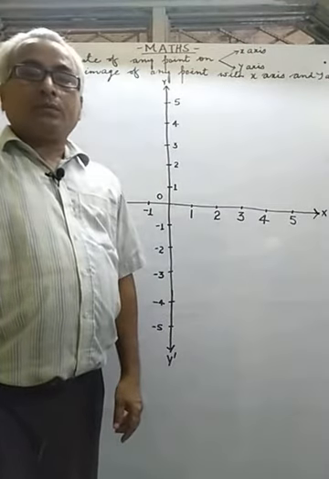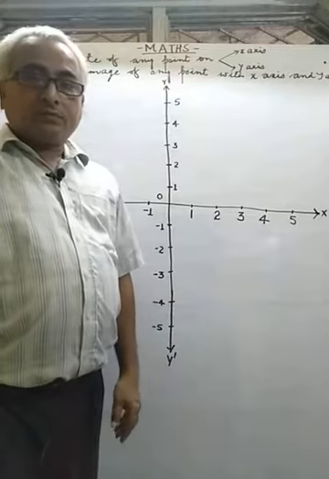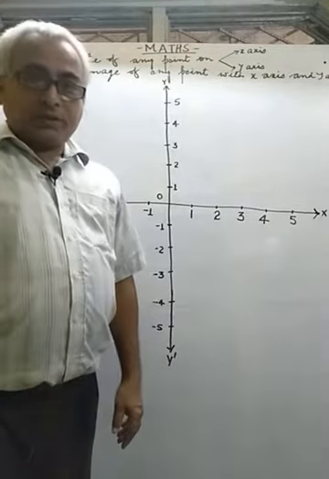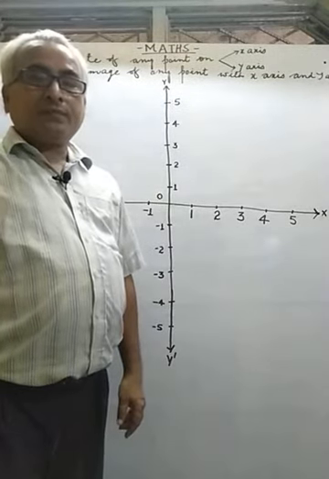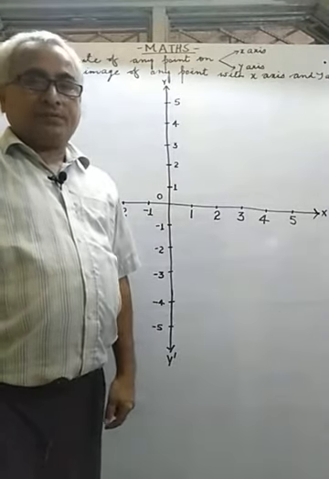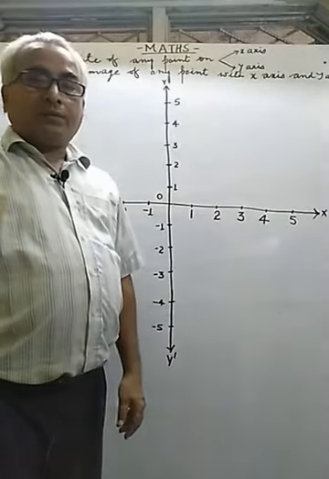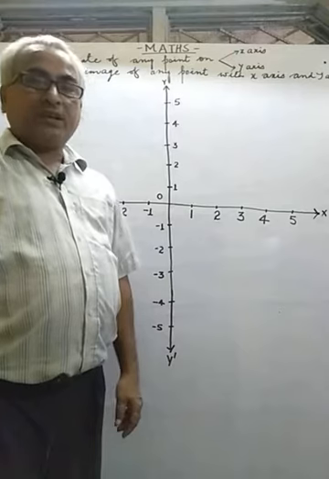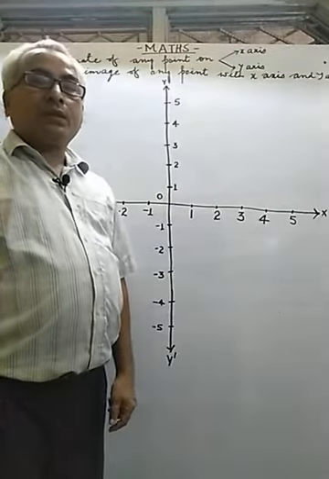Students, we have to start our further studies, and today's topic is how to locate any point on the x-axis and how to locate any point on the y-axis. How can we note down the coordinate of any point on the x-axis and the coordinate of any point on the y-axis?